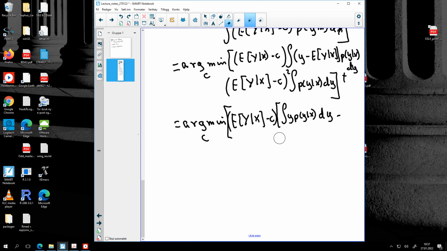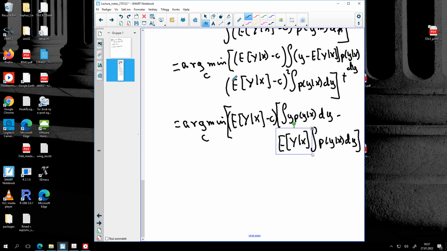Now this expectation of y given x is again just a constant which you can put outside the integral. So we have the integral of p of y given x dy. So that was the first term.